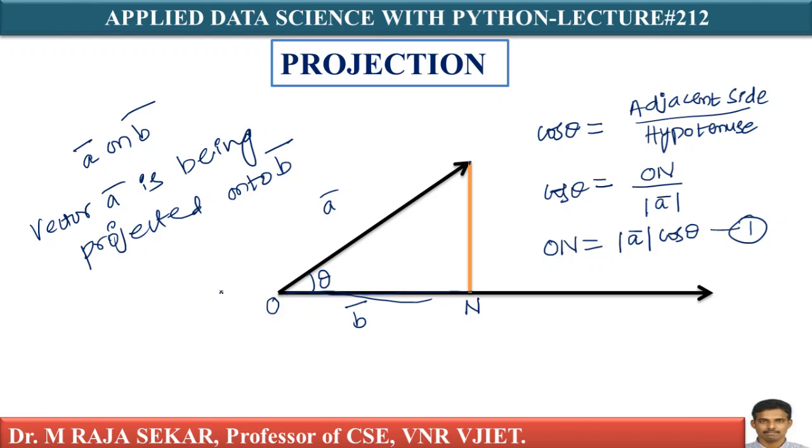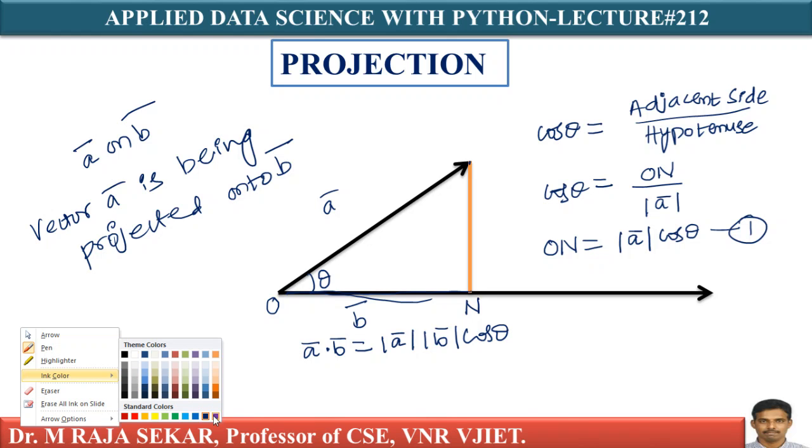But we know the dot product. How can I define the dot product? A bar dot B bar equals modulus of A bar into modulus of B bar into cos theta. This is the definition of your dot product.